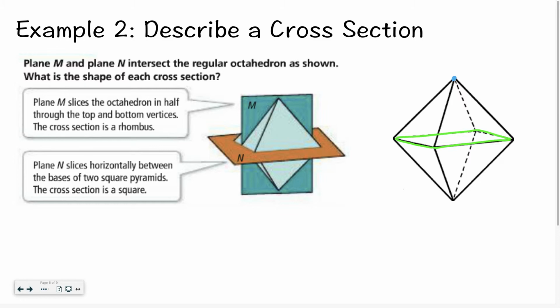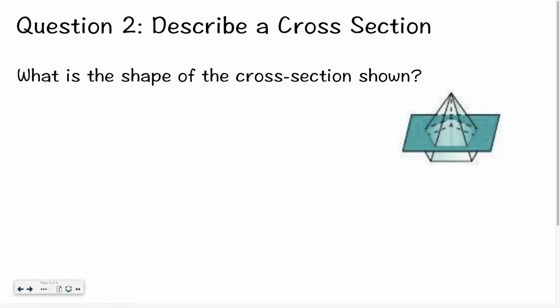Or, yes, this does form a rhombus, okay? Cross-sections are sometimes one of the most challenging things for students to visualize. So if you are getting really frustrated with figuring out cross-sections, that's okay. It takes practice, and just make sure you ask questions, okay?